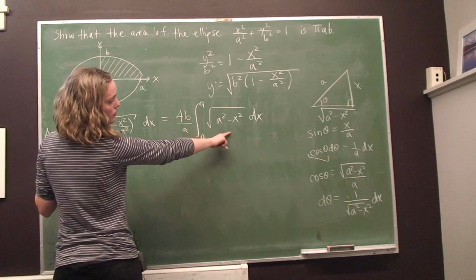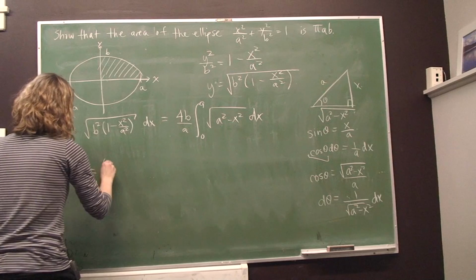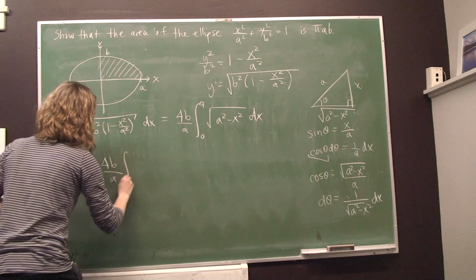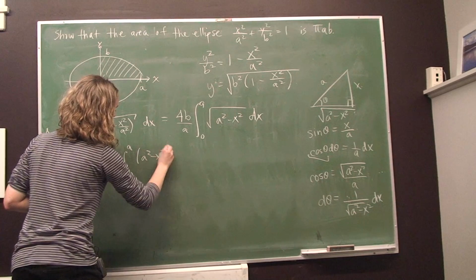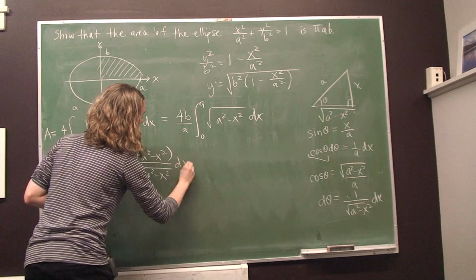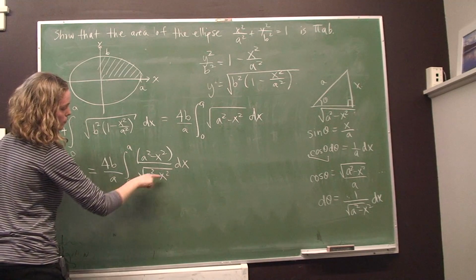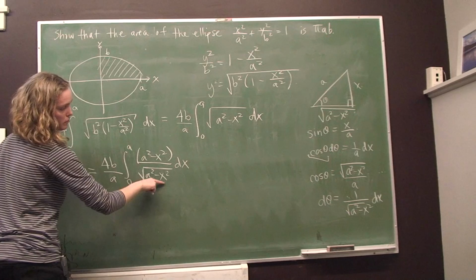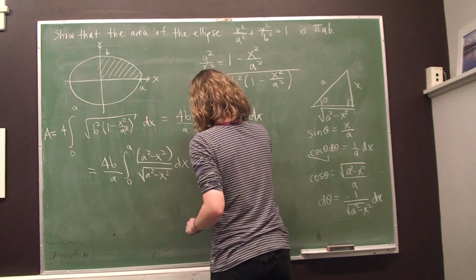I don't have 1 over the square root of a squared minus x squared, so let's maybe just rewrite this. Now, dx over the square root of a squared minus x squared, that's going to be d theta, and then we have to change the other part into thetas.